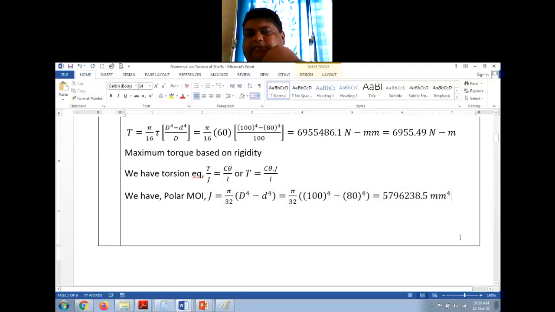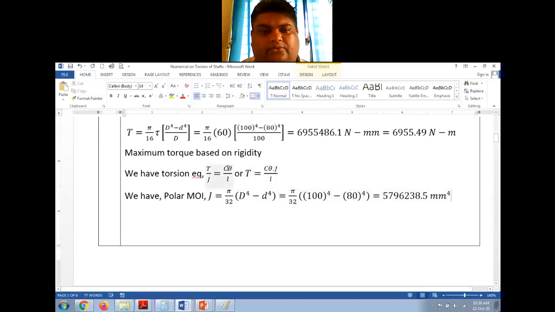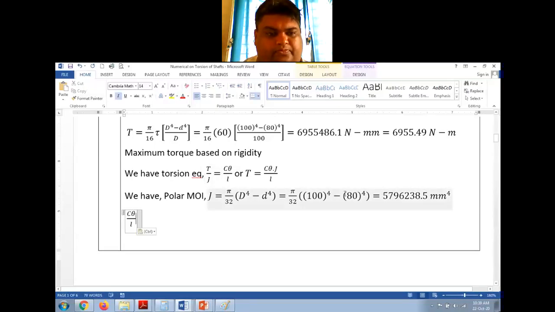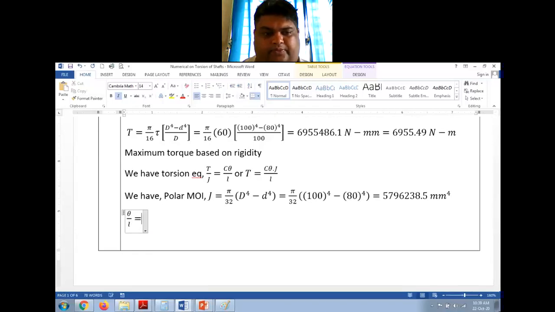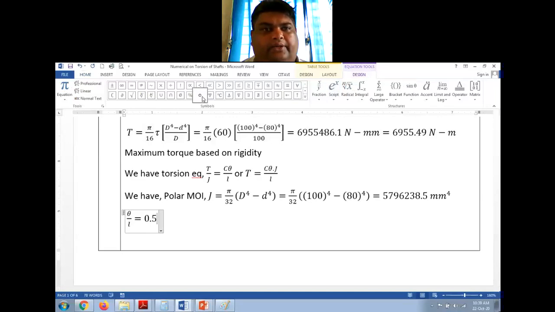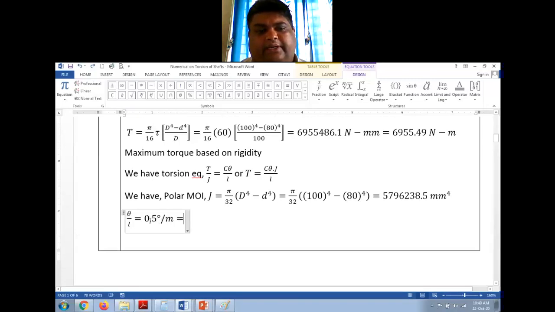We have to put this in radians, right? So it's not C theta, it is theta by L is equal to 0.5 degree per meter, right? So this is equal to, I have to convert this degree into radians, right?